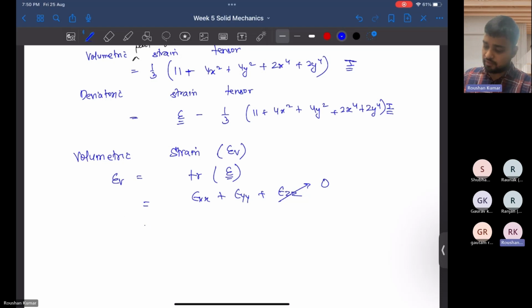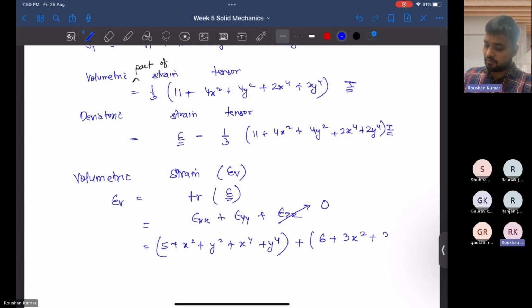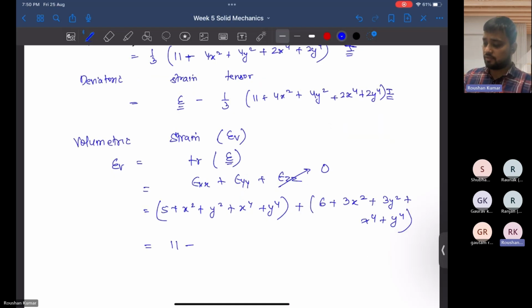Epsilon xx is 5 plus x² plus y² plus x⁴ plus y⁴, and epsilon yy is 6 plus 3x² plus 3y² plus x⁴ plus y⁴. Adding them gives 11 plus 4x² plus 4y² plus 2x⁴ plus 2y⁴. So this is the final answer for the volumetric strain.